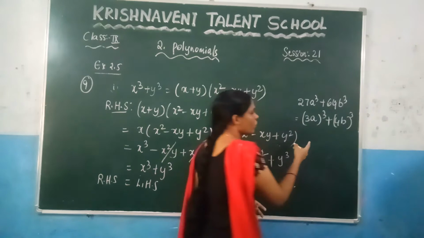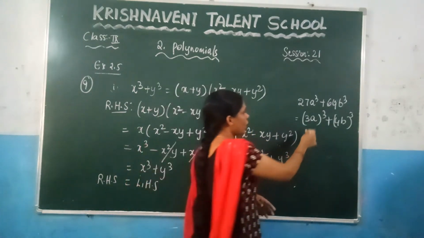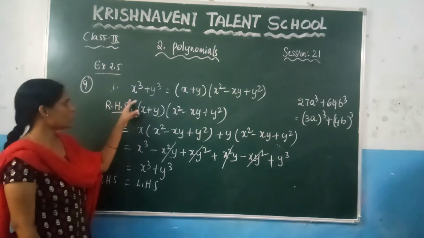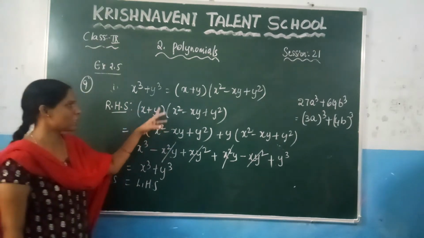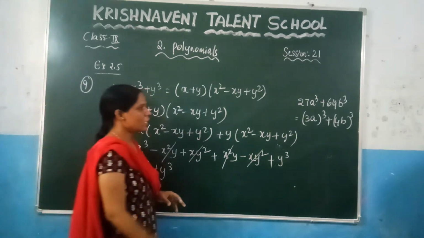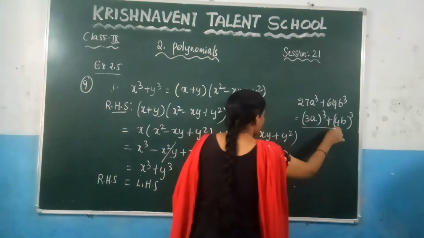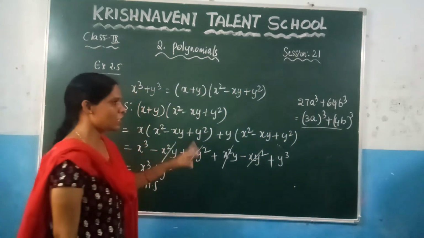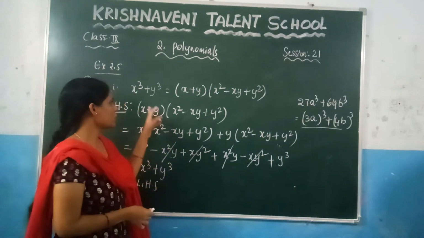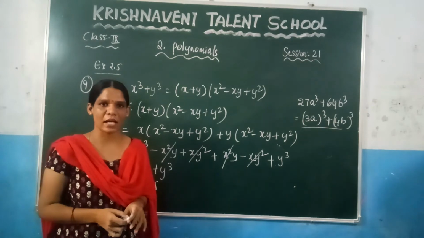Now it is in the form of which identity? In the form of a cube plus b cube. Just now we have proved this. The formula for a cube plus b cube is a plus b into a square minus ab plus b square. So if you get a problem like this, you can directly apply this identity and solve it. From this problem onwards, we are treating this as one of the identities.